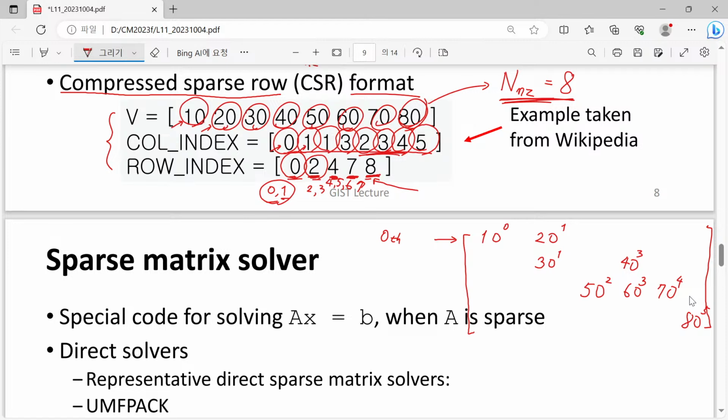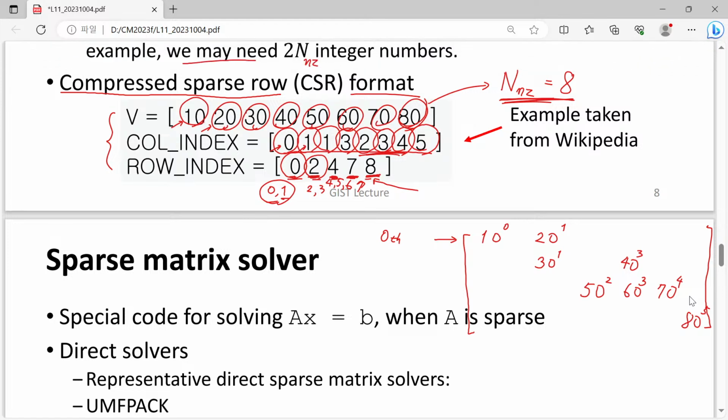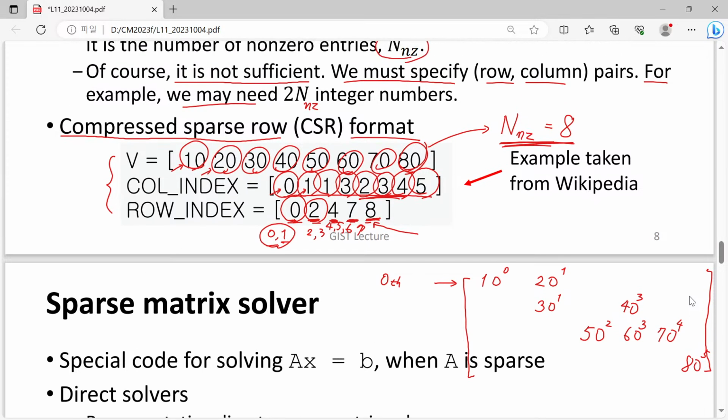Maybe you feel that this is quite weird, because to reconstruct a matrix we have to do quite complicated operations. But look at how much storage was spent in this case.